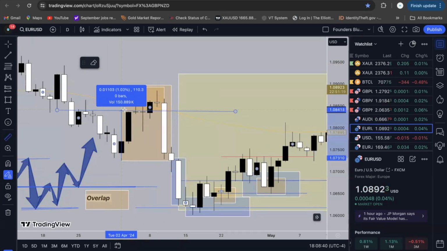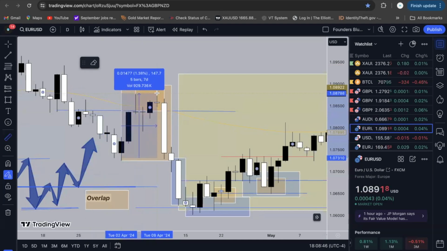But let's say you held it and it broke beyond this level of resistance. Now you'll be up 147 pips. So instead of securing 108 pips, which is perfectly fine, that's amazing, you would have secured 148 to 155.